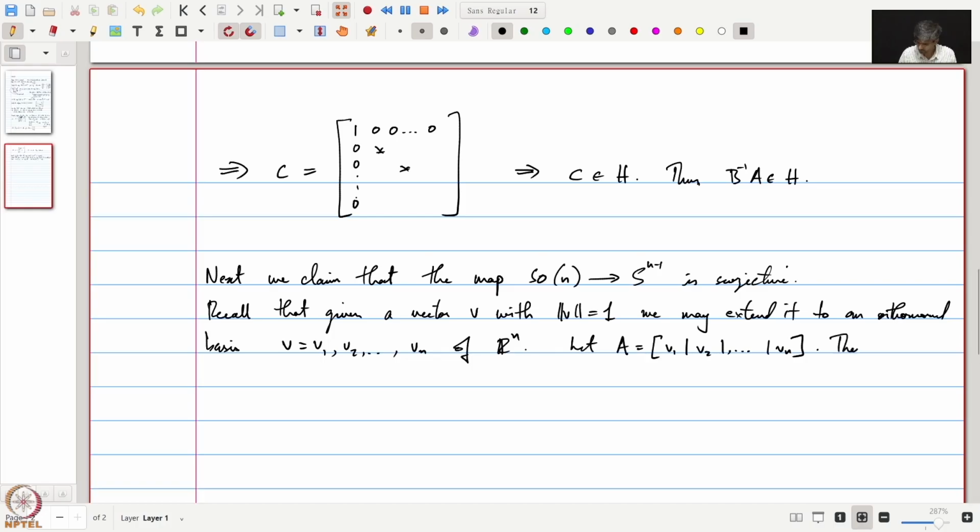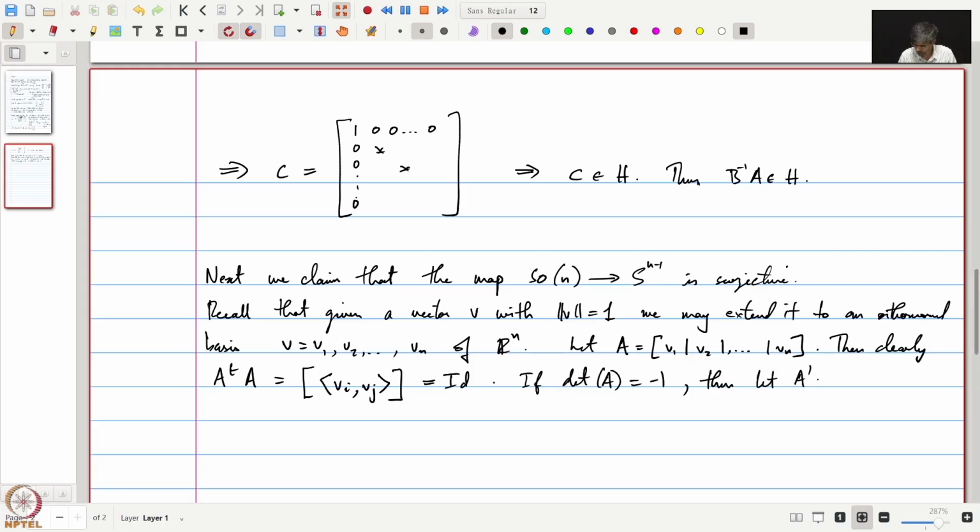So then clearly this matrix A transpose A is equal to the matrix obtained by taking the inner products of Vi and Vj. It is an easy check, and this is clearly equal to identity because the Vi's form an orthonormal basis. So if determinant of A is equal to minus 1, then we simply replace the last column by its negative.